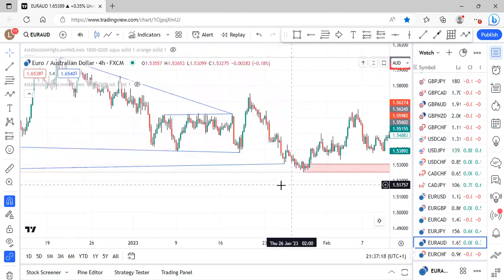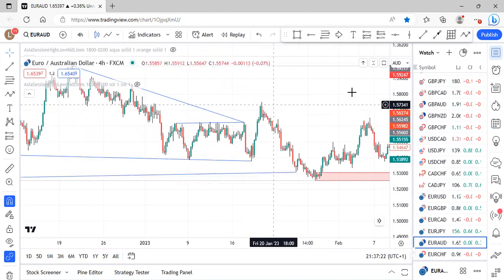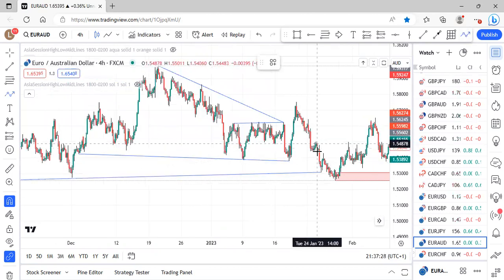What I really like to see, what I feel confirms the trend line, is this here. Price comes down on it, it literally touches the line, little retracement.